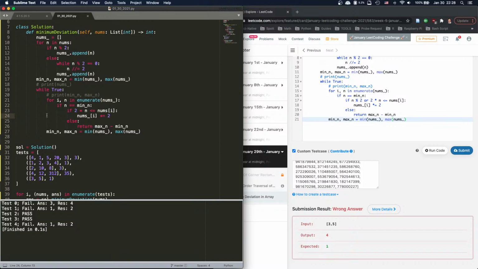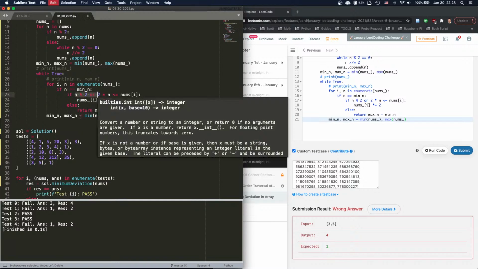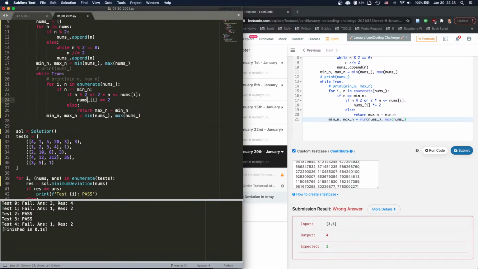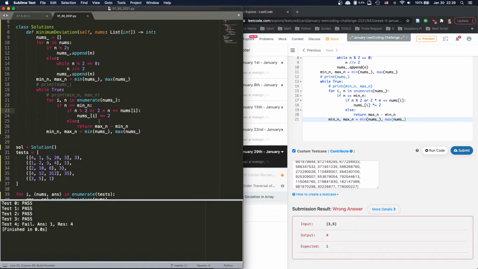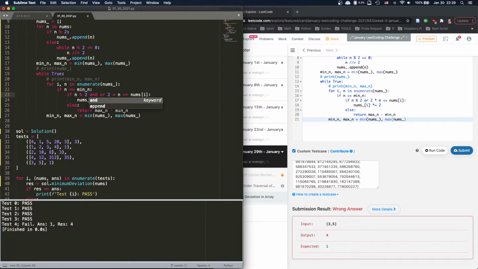If I multiply by 2, if it's an even number, then I can always multiply by 2. So this will cause the last one. Because it's an even number, I multiply by 2.